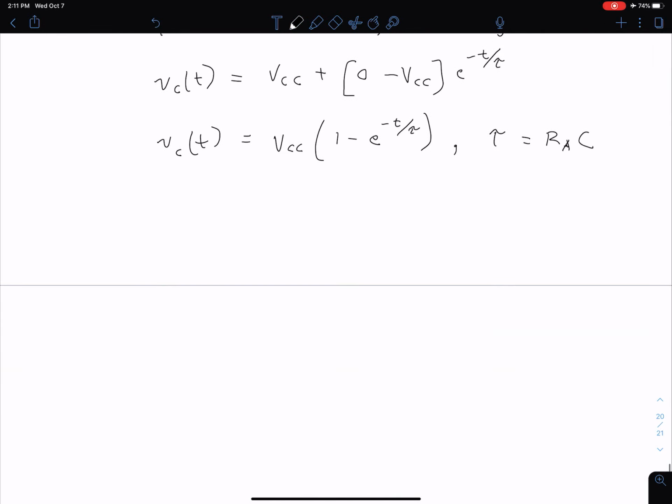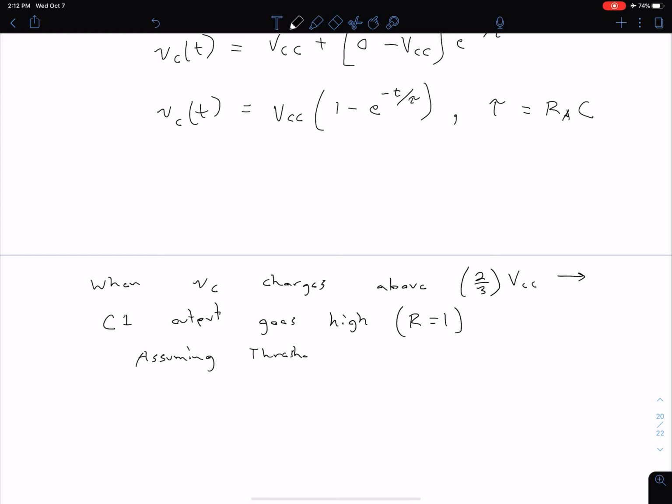So let me write that explicitly. So assuming our threshold, trigger. So we're assuming that our trigger is at the high level of V1, which means our S is 0.